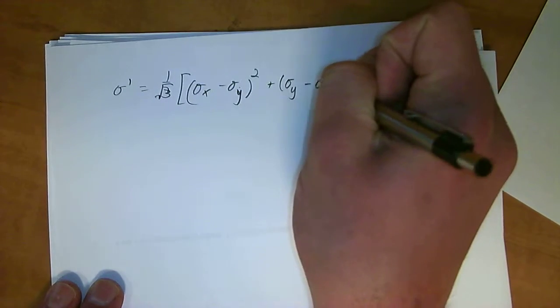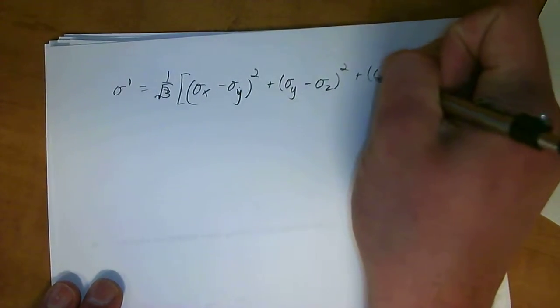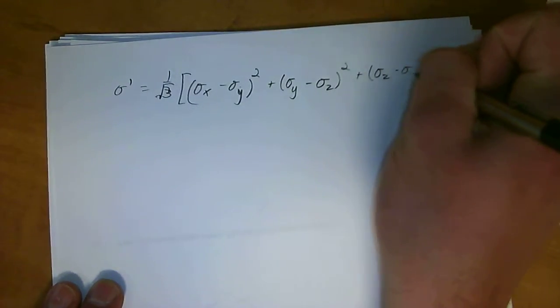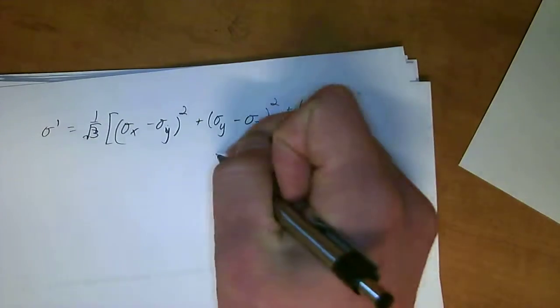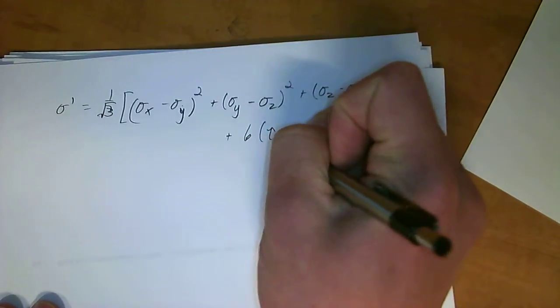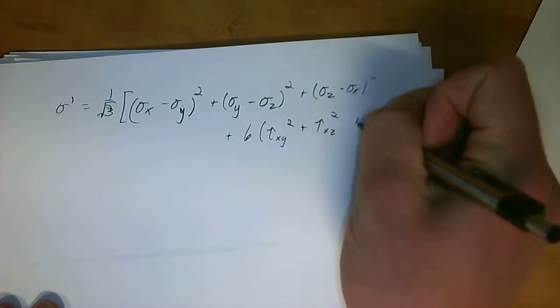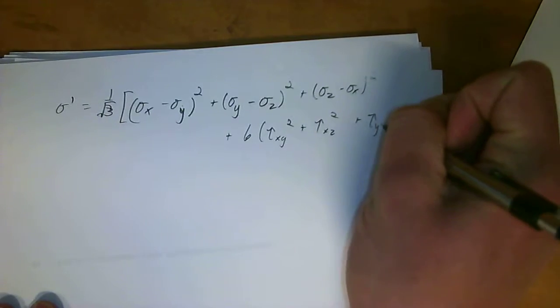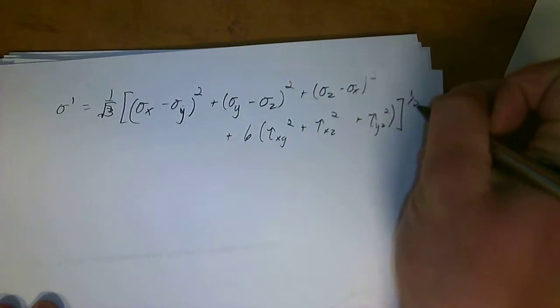So I apologize. Sigma y minus sigma z squared plus sigma z minus sigma x squared plus, this is a long deal, tau xy squared plus tau xz squared plus tau yz squared. And all that to the power of 1/2.